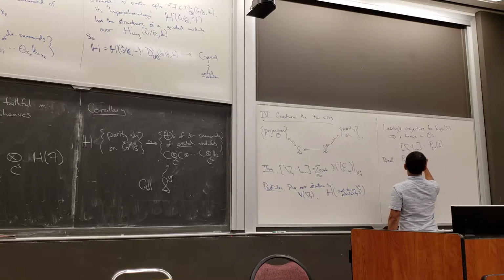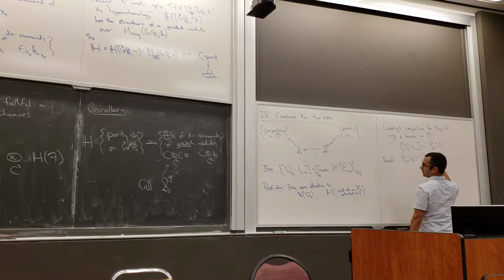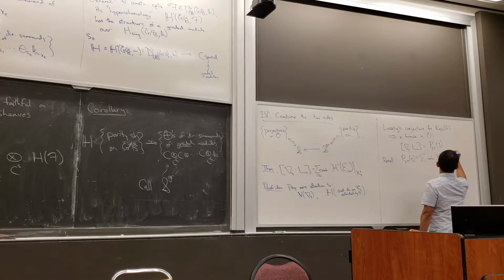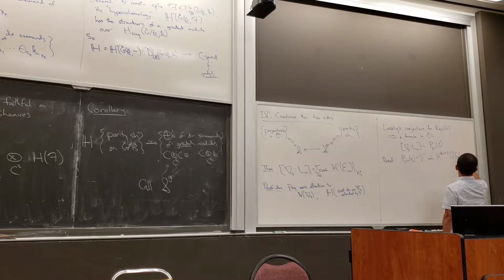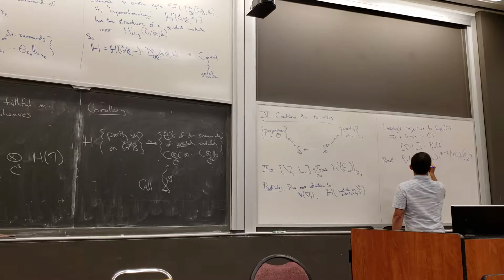PYW of Q was some kind of rank formula like this, but for ICs. So it was minus LW plus 2I of ICWC restricted to XY circle times Q to the I.